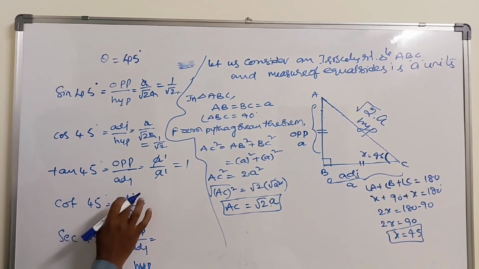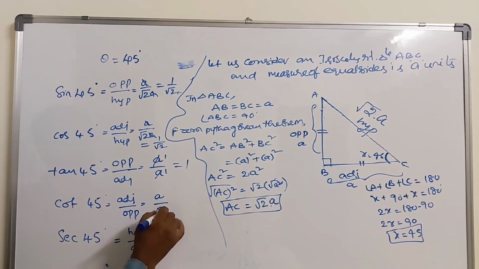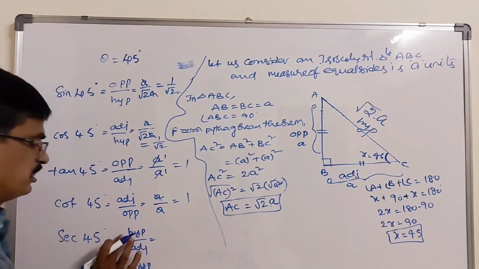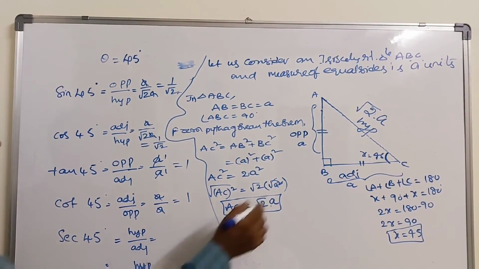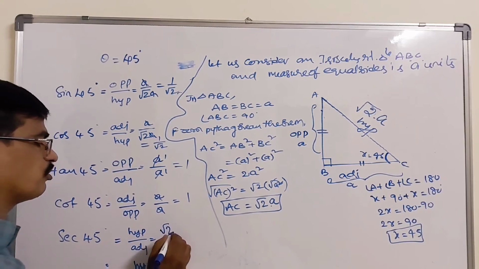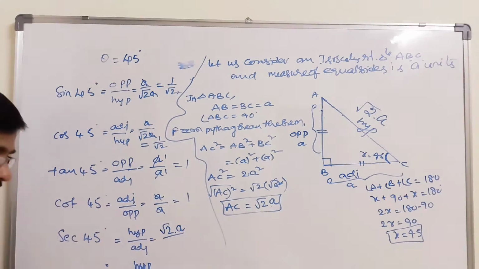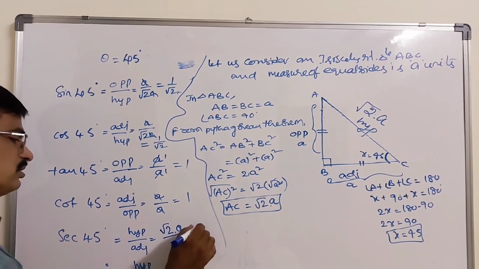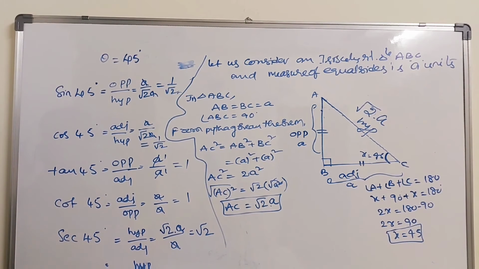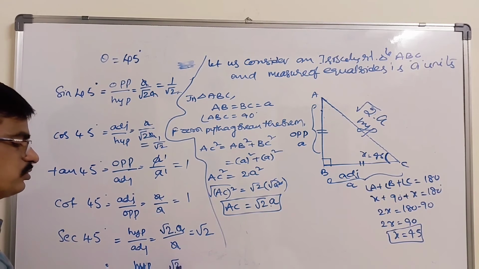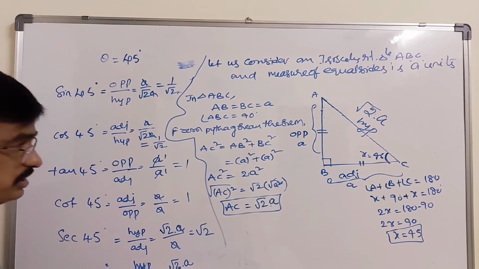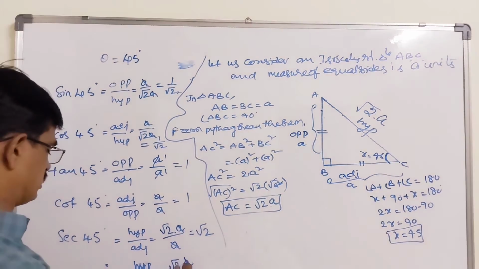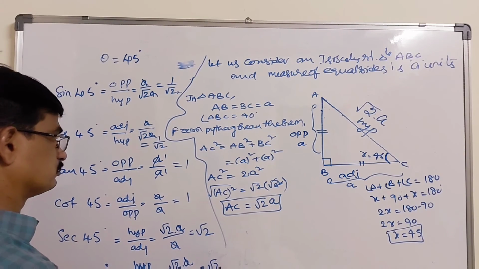Similarly, cot 45 is adjacent side a by a, a cancels out, the value is 1. Secant 45, hypotenuse by adjacent side. So hypotenuse is root 2 times a by adjacent side a, a cancels out, then root 2. Cosecant 45, that is hypotenuse root 2 times a by opposite side a, a cancels out, then root 2.